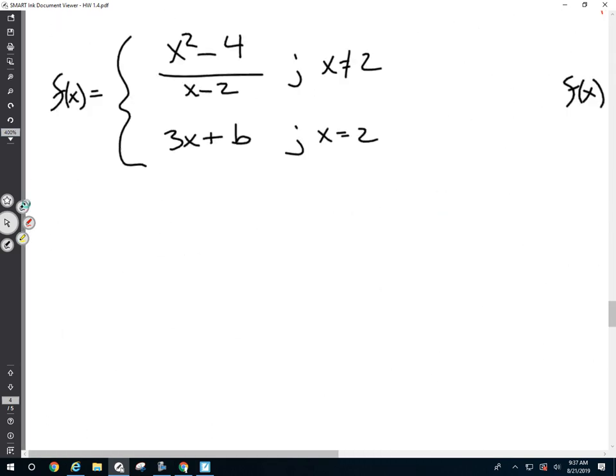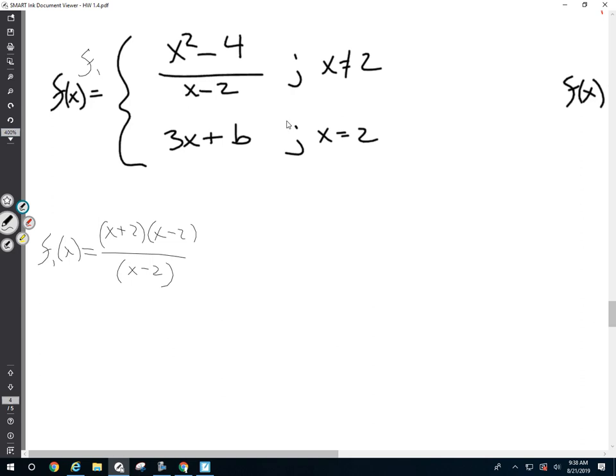All right, back to the whole situation. If I just looked at this piece, because this piece is used for everything except for one point, well, if I looked at this piece just in general, I would realize that after factoring, this has a removable discontinuity at x equals 2. So this piece has a hole at 2.